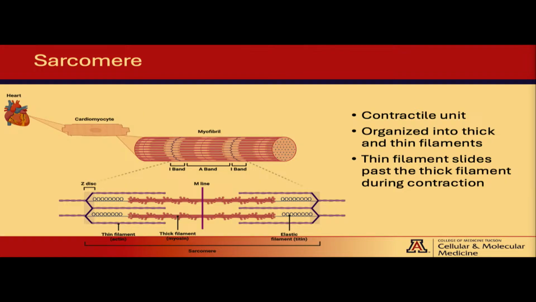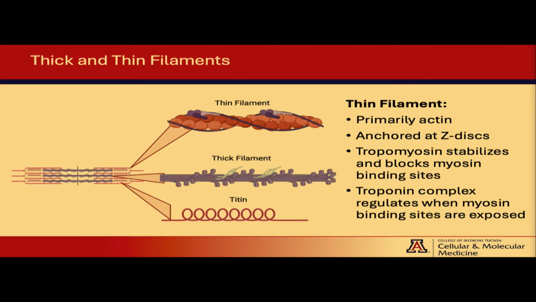So again sarcomere is the contractile unit. We have thick and thin filament proteins, so you can see how they are. The thin filament proteins are primarily actin, and then we have the troponin complex, and then alpha tropomyosin.